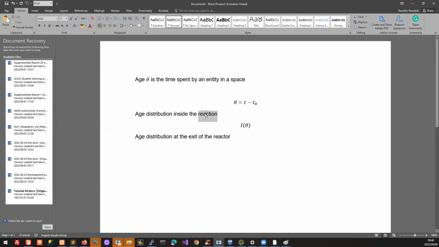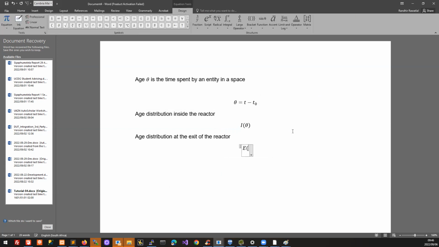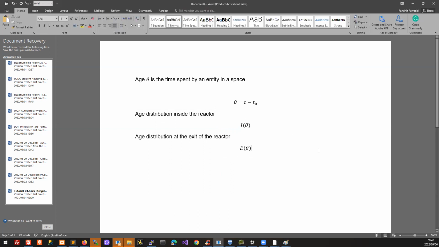So this is not inside the reactor. We define the age distribution at the exit of the reactor to be E of theta. And these are real distribution functions in the strict statistical sense of the word.